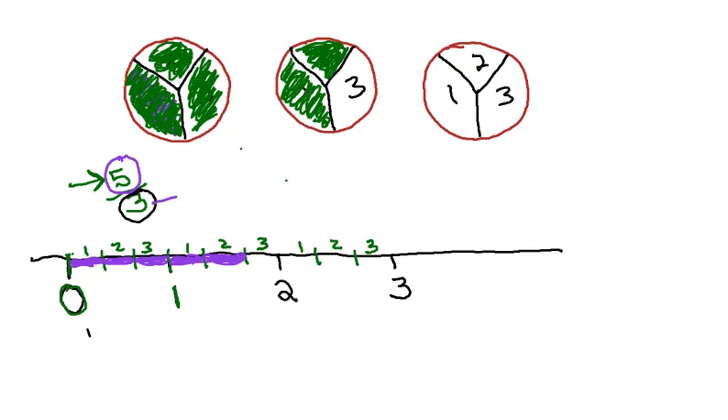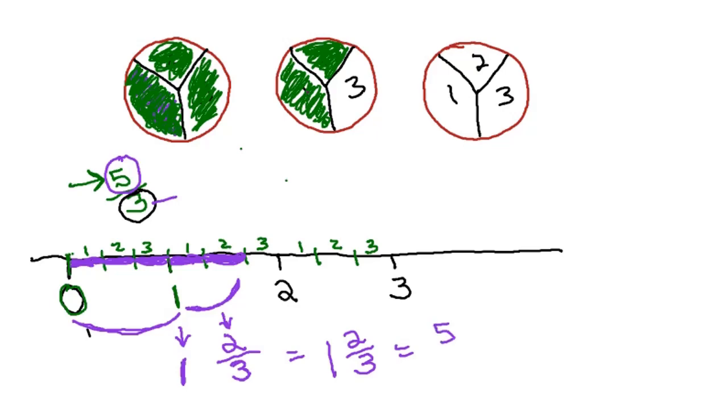So when we colored this in, we colored in the entire 0 to 1 section, and we colored in 2 of the 3 parts between the numbers 1 and 2. So we passed up that entire 1, and then we colored in 2 parts out of the 3 parts that we had divided that section into. So that's 1 and 2/3, which is the same thing as 5/3.